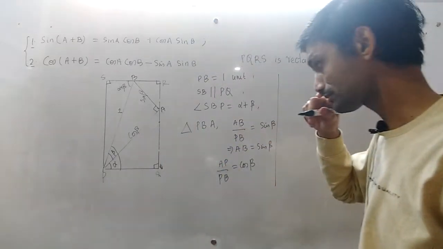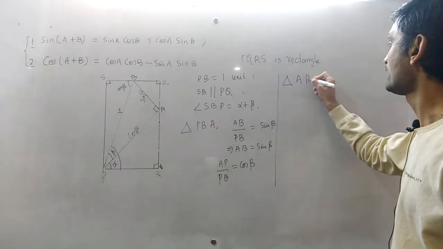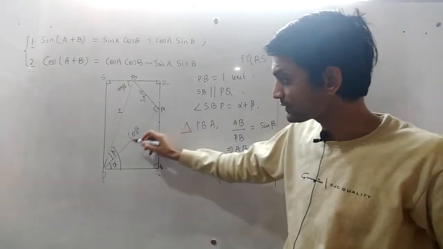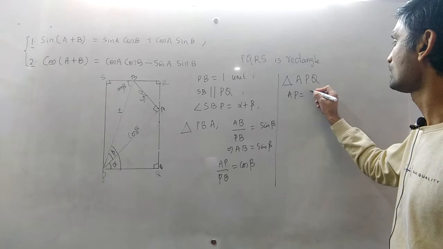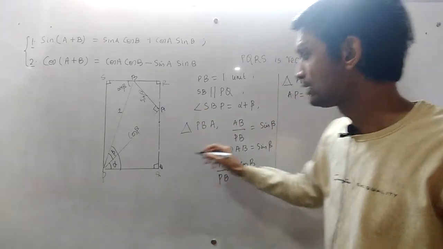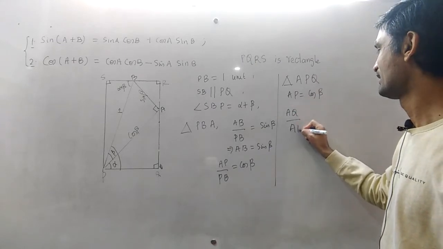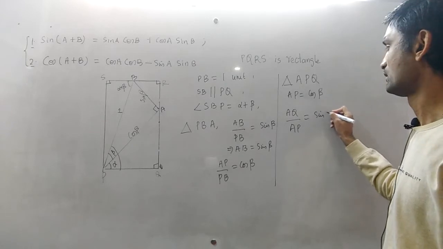So in the triangle APQ, hypotenuse AP is cos beta. Okay, and then what about this AQ? You can write AQ upon AP is equal to sin alpha.